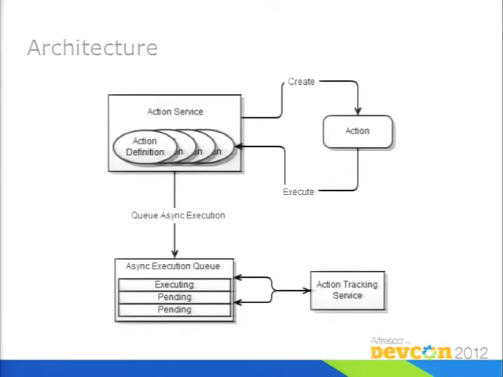Essentially, the use case of the action service is you create an action by its name, set the parameters, and then basically say execute it. For the asynchronous actions, we also have a tracking service, so we can say we want this action to be tracked, and we can get updates on whether it's in the queue, running, or finished.